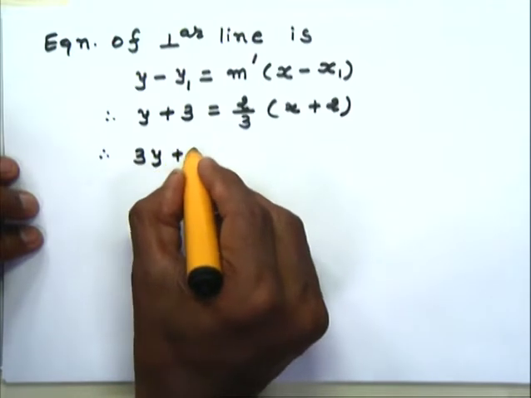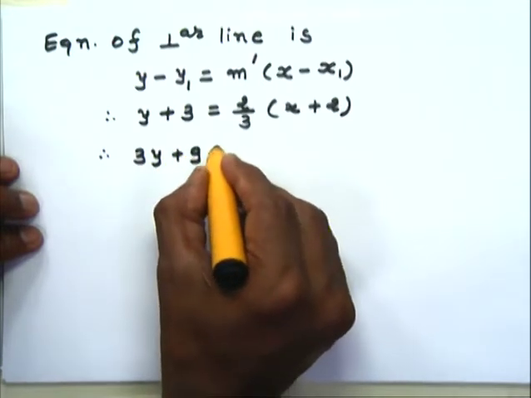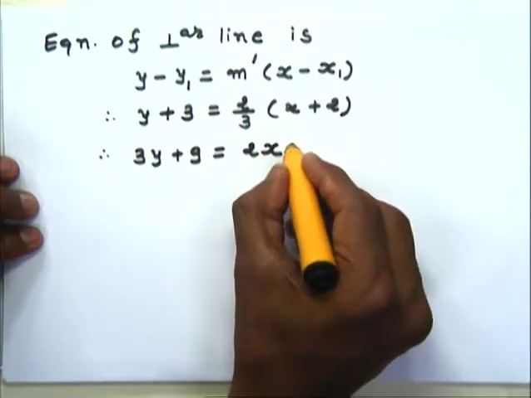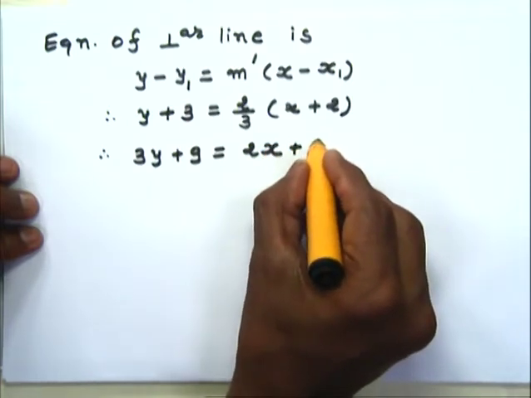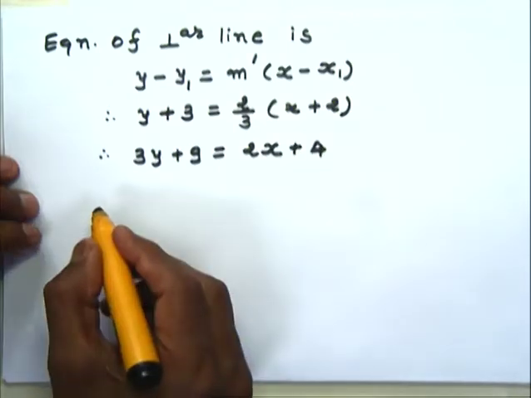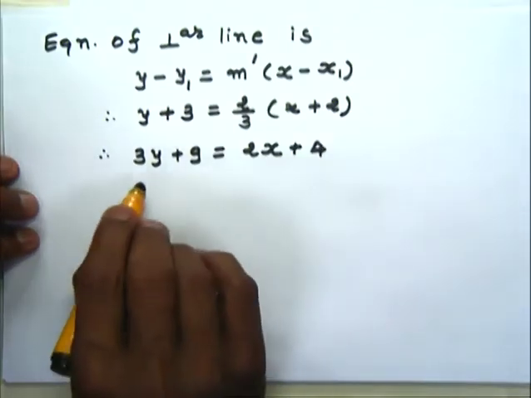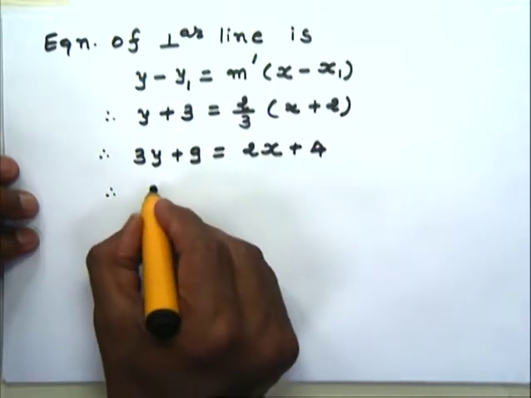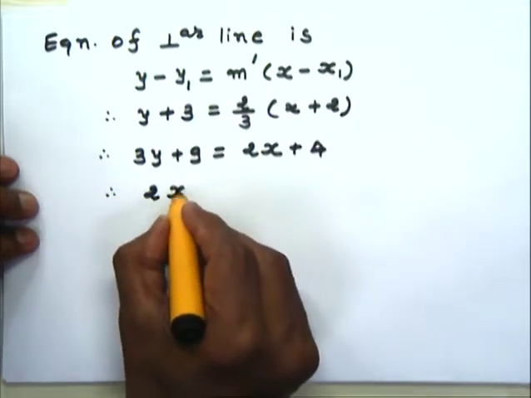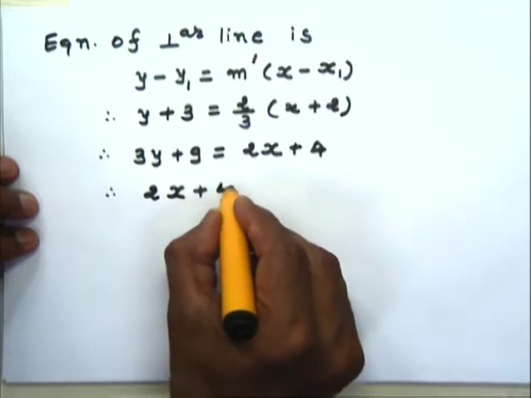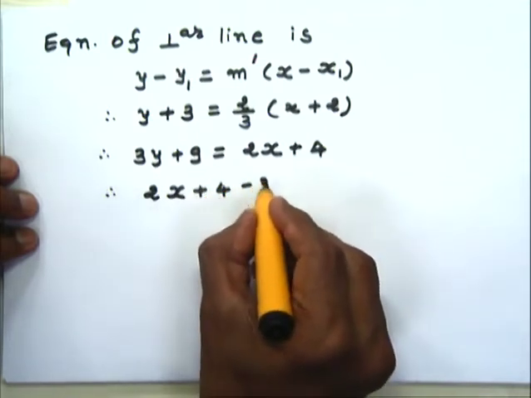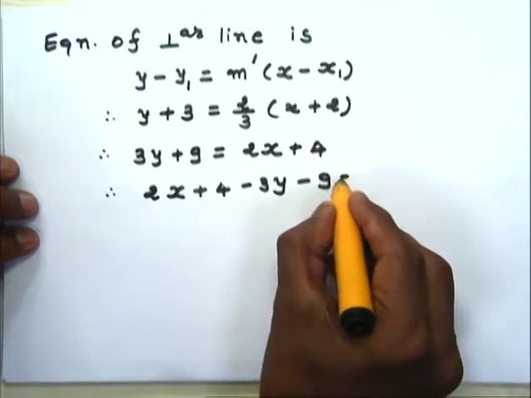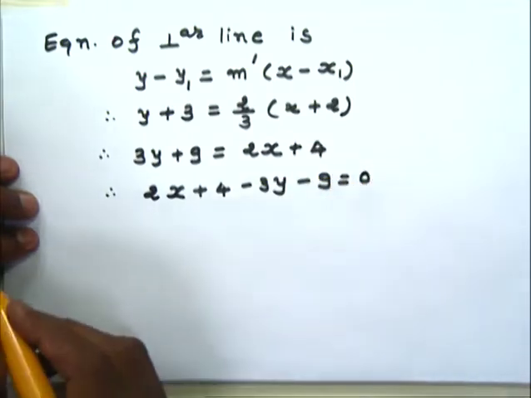It is 3y plus 9 equal to 2x plus 4. Bring all the terms on one side, say right hand side. It is 2x plus 4 minus 3y minus 9 equal to 0.